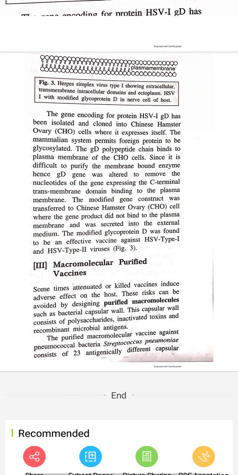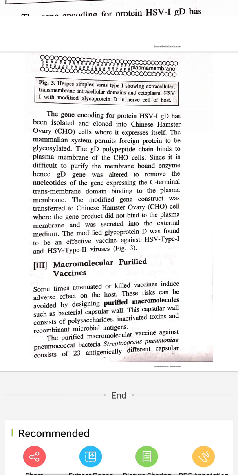Tetanus and diphtheria bacteria produce exotoxin. This exotoxin, after purification and inactivation with formaldehyde, constitutes toxoid. Vaccination with toxoid induces anti-toxoid antibodies which also bind with toxin and neutralize its effects. The vaccine is called DPT: diphtheria, pertussis, and tetanus.